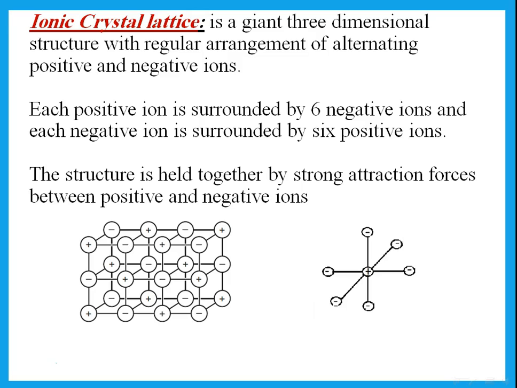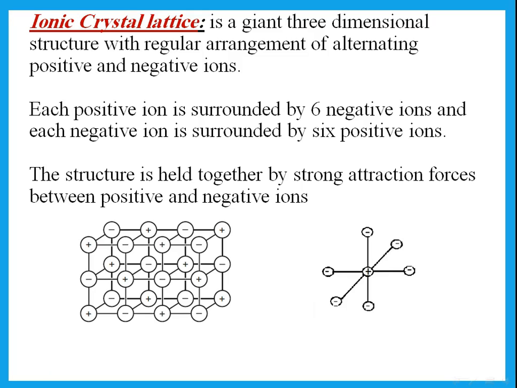Actually, I have a giant 3-dimensional structure with many sodium ions and many chloride ions, and they are arranged alternately, 1 positive, 1 negative, 1 positive, 1 negative, and that means that each positive ion will be surrounded by 6 negative ions, and each negative ion is surrounded by 6 positives. Can you understand that? As negative ions, top, bottom, right, left, behind, and in front. So there are 6 negative ions.